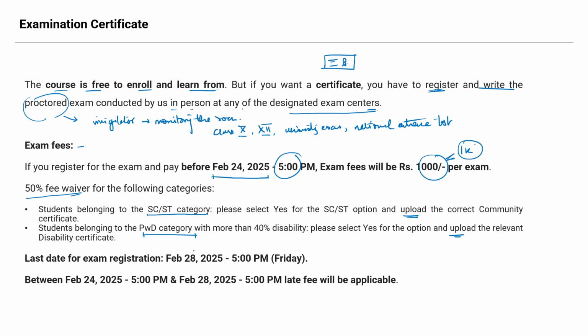However, if you do it between 24th of Feb to 28th of Feb, a late fee is applicable, right? So the last date for registration is Feb 28 with the late fee. Please ensure that if you really need the certificate, it's always preferable that you register as soon as possible.